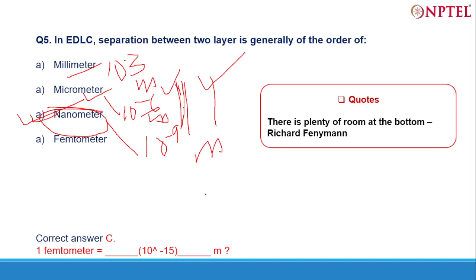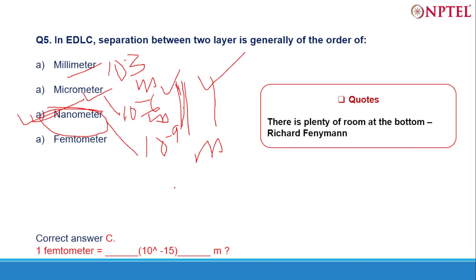Distances are measured in femtometers in the nucleus of an atom, where the protons and neutrons are situated. The distances between protons, neutrons, and other particles in the nucleus are generally of the order of femtometers.